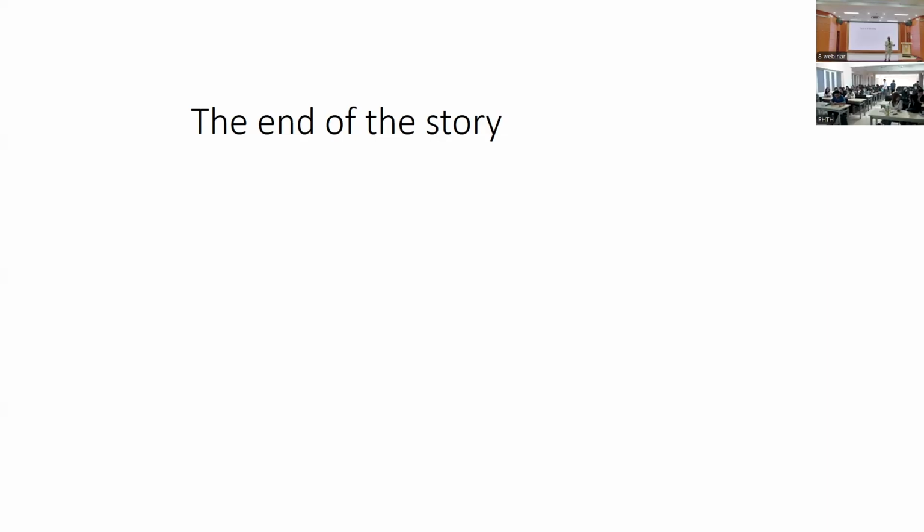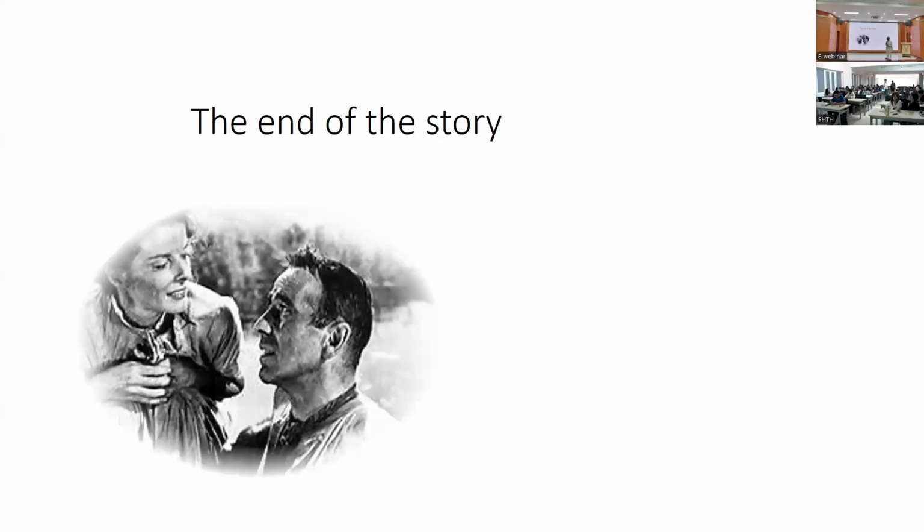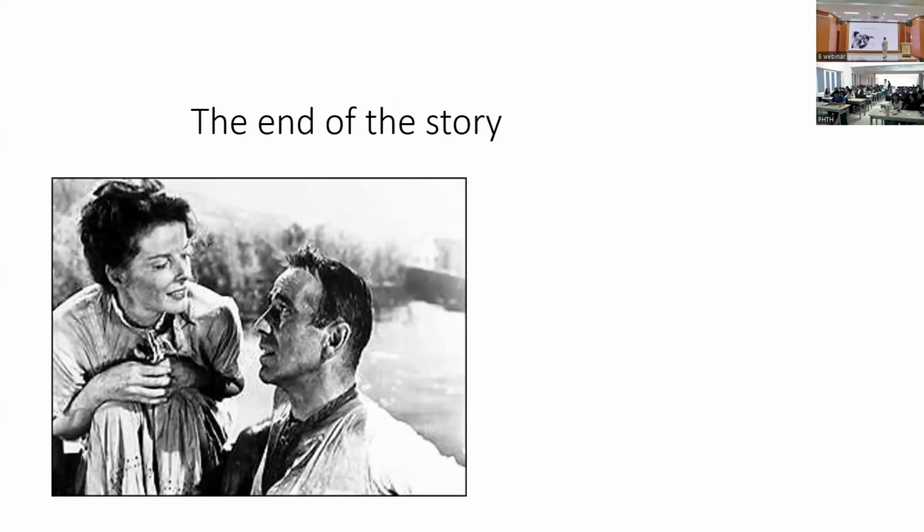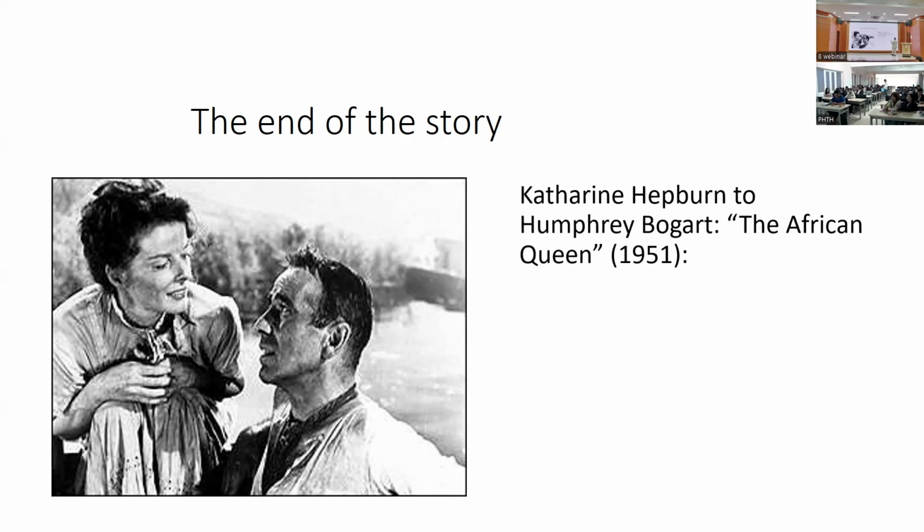But after that trip, he understood more from her education. So I stole one sentence from that movie. This is the movie. And this is Humphrey Bogart, a very famous actor of the 40s of the last century. And she's Katharine Hepburn. And what she's telling him, I think, is very interesting, very important.